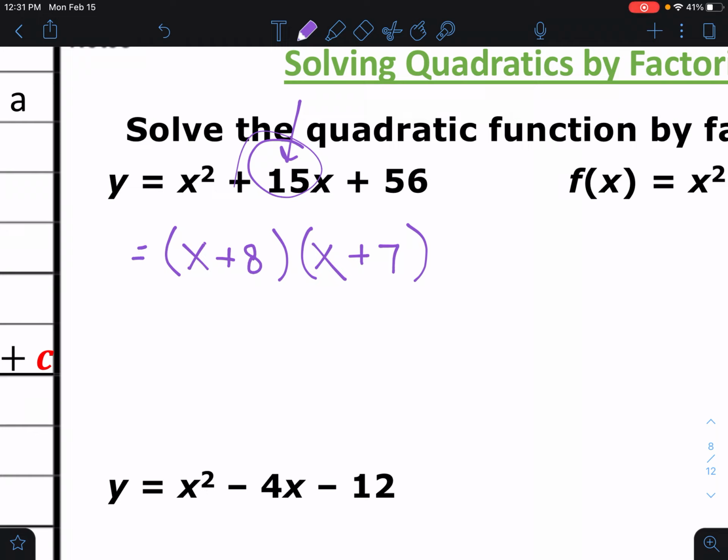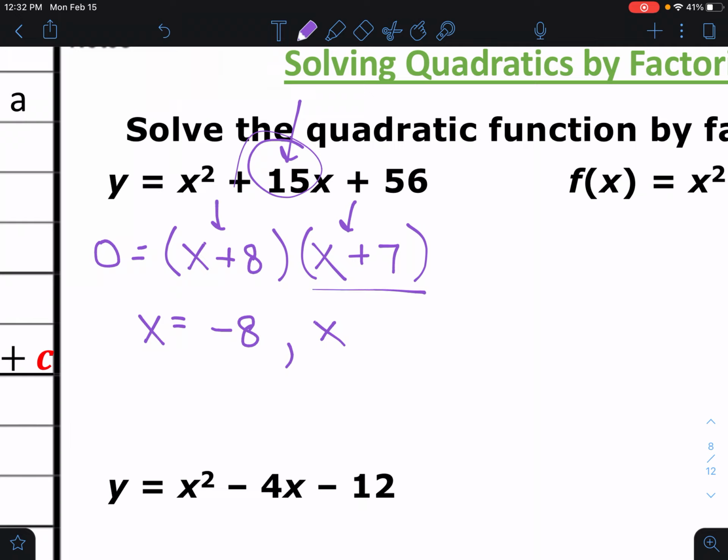Okay, so now that you've figured that out, you're going to set this equal to 0. Remember, roots are where the function equals 0. So what are my two values for x, now that I factored this, that will make this equal to 0? In other words, what value for x would make this equal 0? Negative 8. If I put a negative 8 in here, that would make that negative 1. But 0 times negative 1 is still 0, so that still works. How about the second?